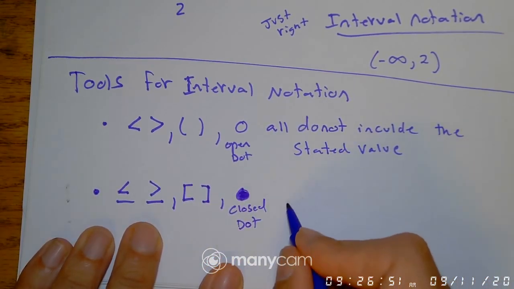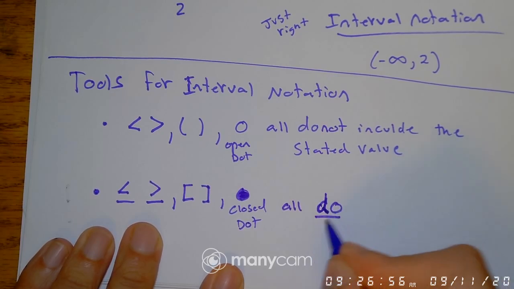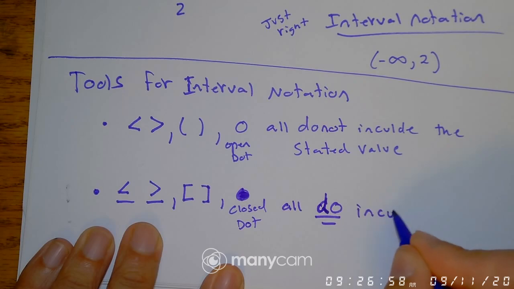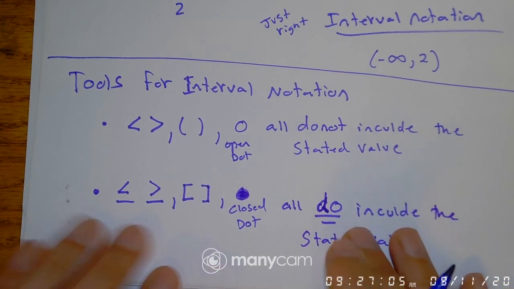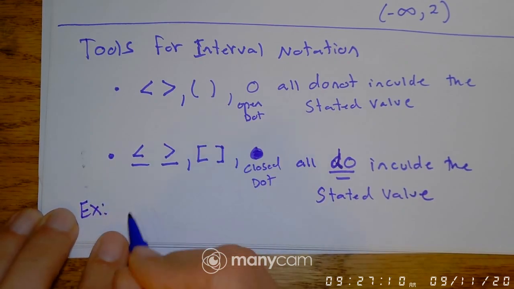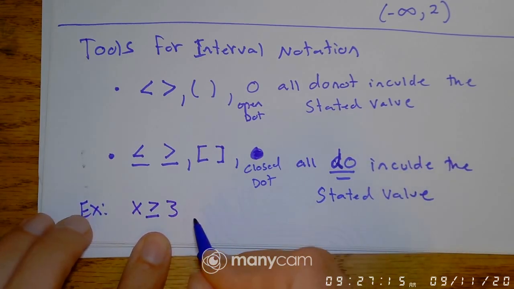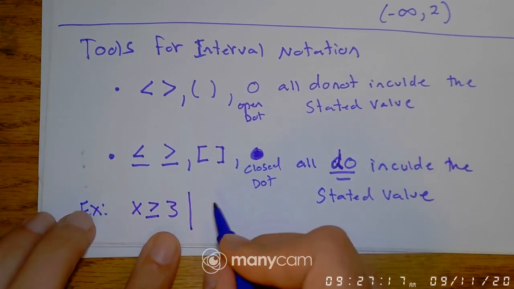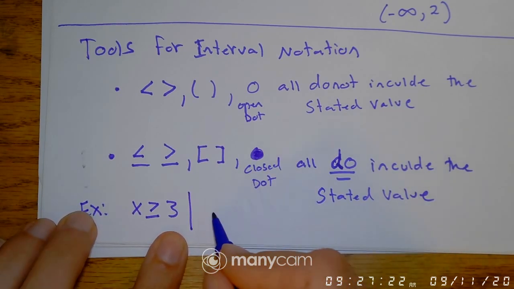So all of these do include the stated value. An example of this would be x is greater than or equal to 3. Okay. So that would be the same as, what's the dot used for? I'll show you.